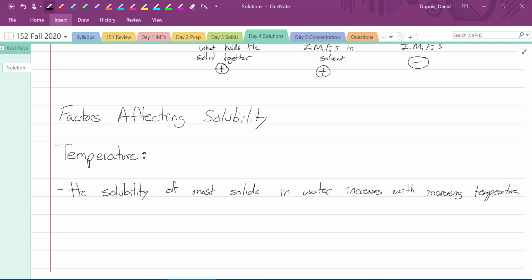In fact, I personally use not too hot of water because it hurts my hands. My wife seems to be able to use some hot water. If I do the dishes, it's not nearly as hot. Rinsing the plates off, it can be hot, but not that hot for me. It hurts my hands. So the point is, things dissolve better in hotter water, or they dissolve faster. So more will dissolve, and it dissolves faster.